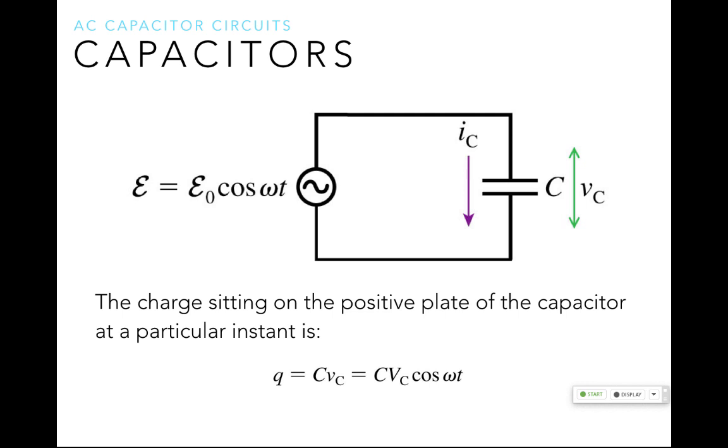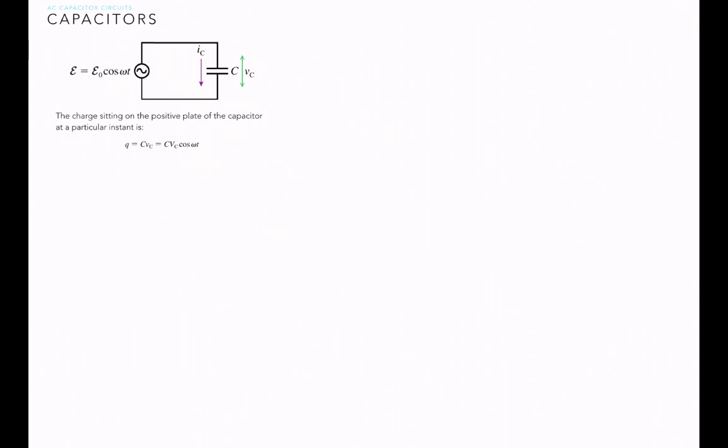So we know V for our capacitor is going to be V_C cosine omega t. Okay? We know Q for our capacitor is C V_C cosine omega t.